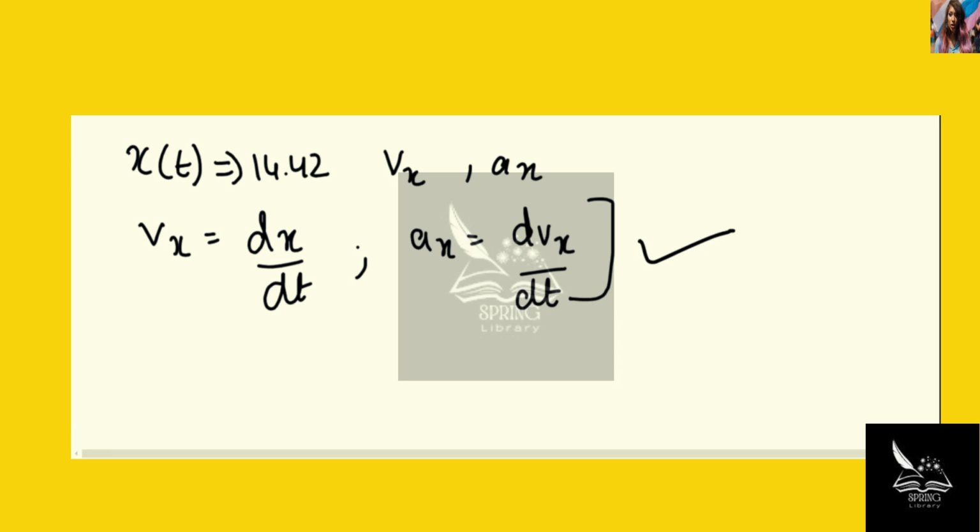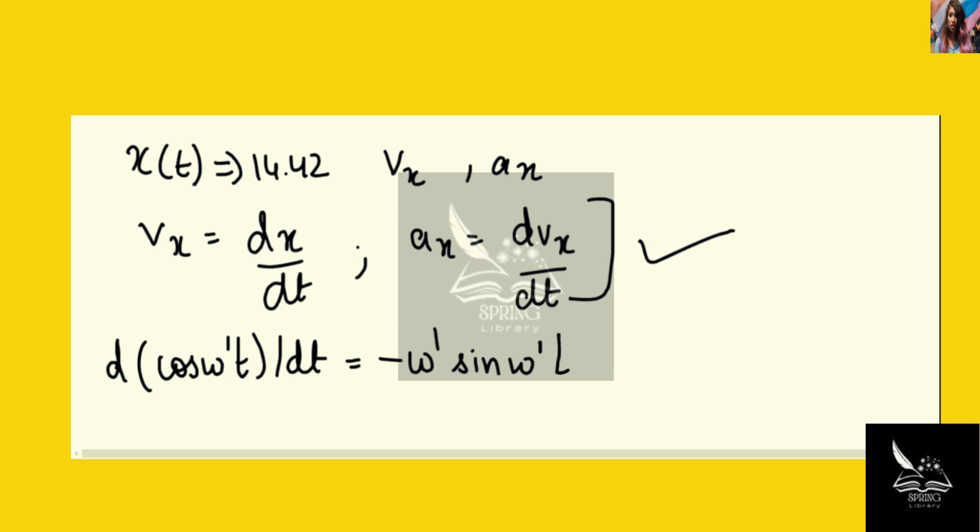Fine? Okay. So when we see this, d of cos omega dash t upon dt equals minus omega dash sine omega dash t.